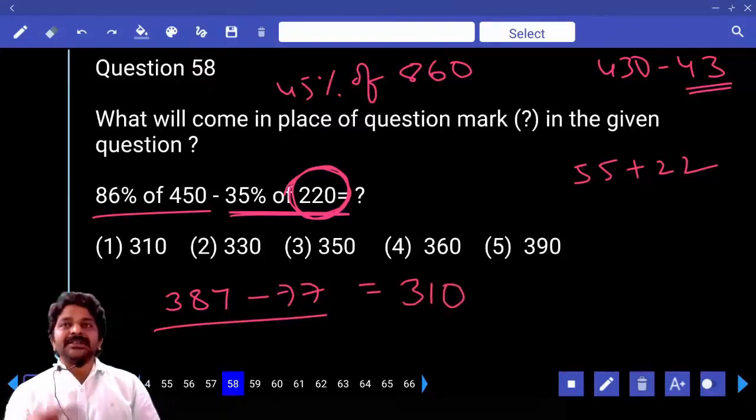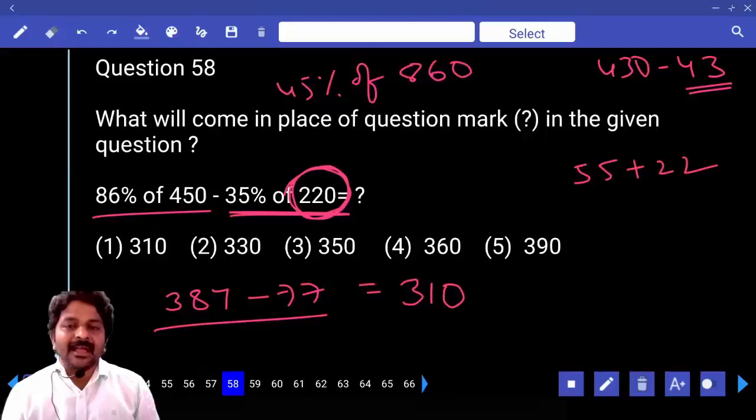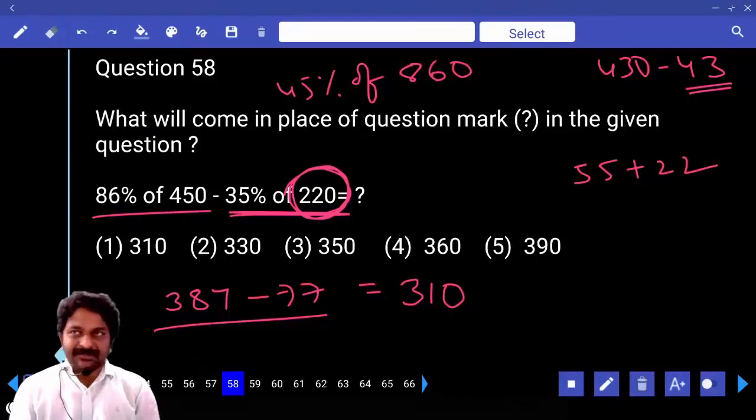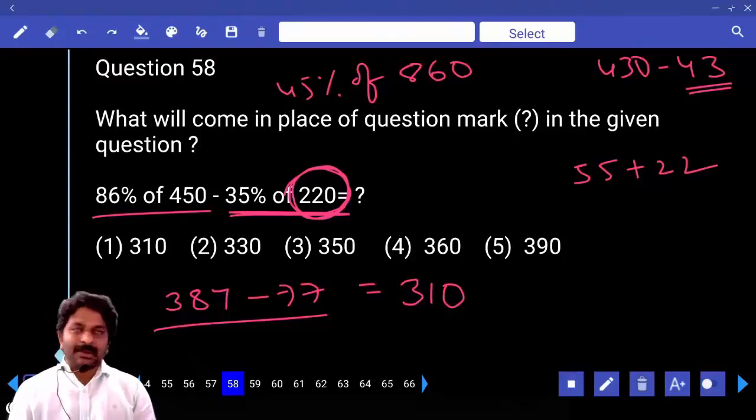So how fast you can convert your percentages to numbers is important for this question. I do verify the multiplication rule, but none is following there. Multiplication rules are not applicable. At the same time we cannot verify the last digit either, because every option is ending with 0. So the multiplication rule is not possible. Last digit verification is also not possible. We have to calculate.